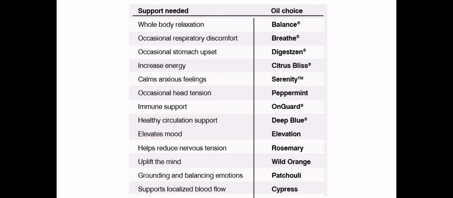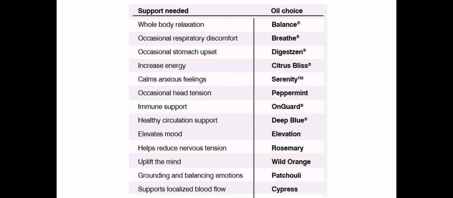Now here is a chart that gives you some suggestions. Maybe you're meeting with a friend for coffee and they talk to you about how they're feeling anxious, or maybe they're not feeling so well, so they need some immune support. Or maybe they're just having a bad day and they're kind of moody, so maybe they need to elevate their mood.